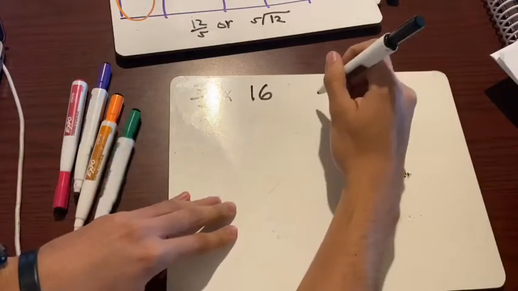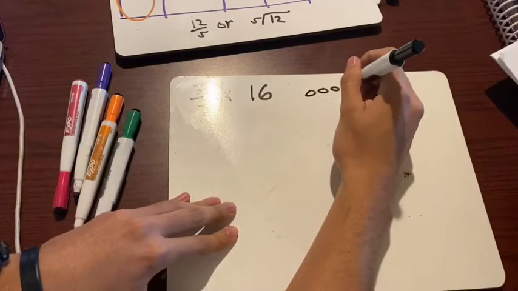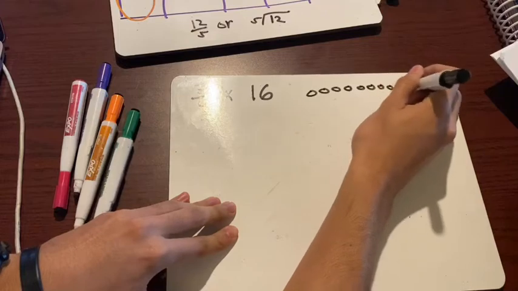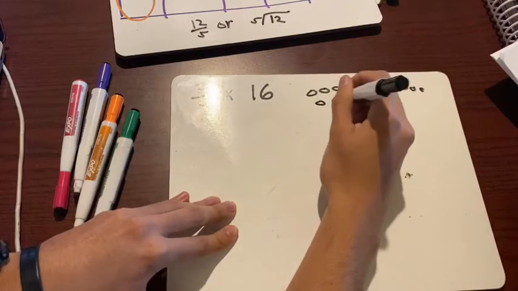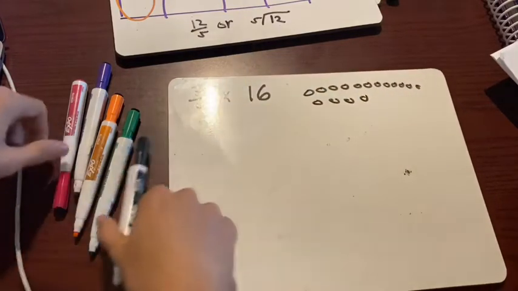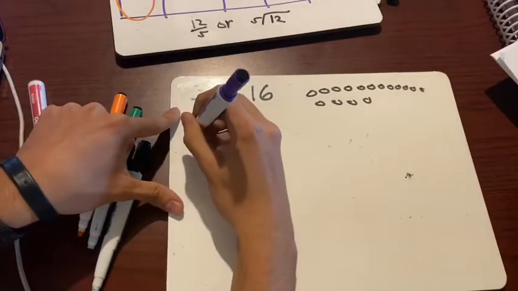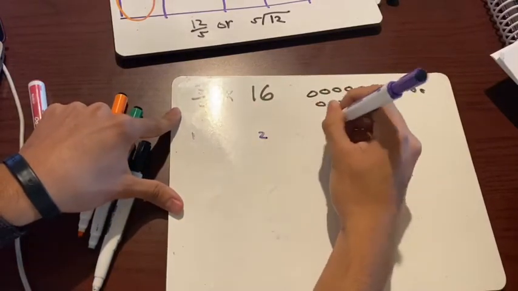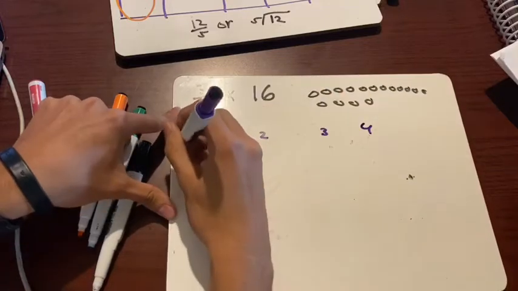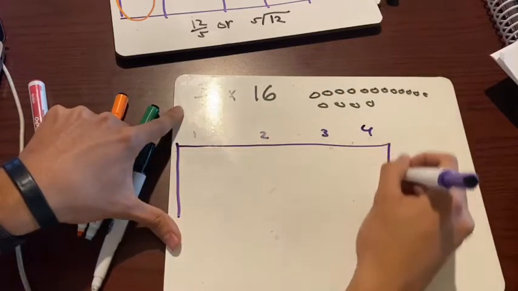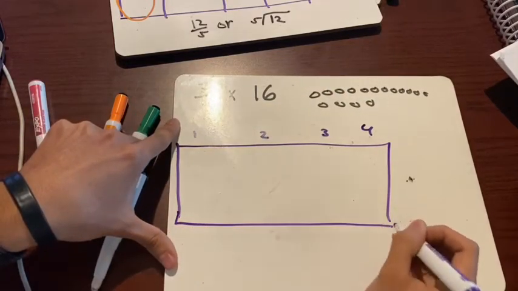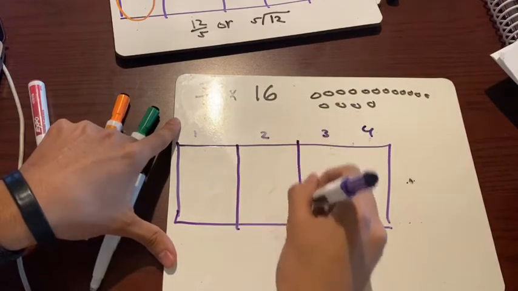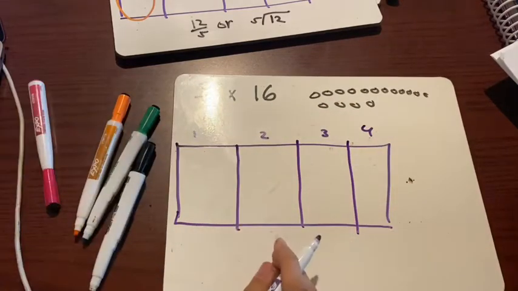And if you remember, we drew the 16 circles. We made our 4 rows, and we split it up.